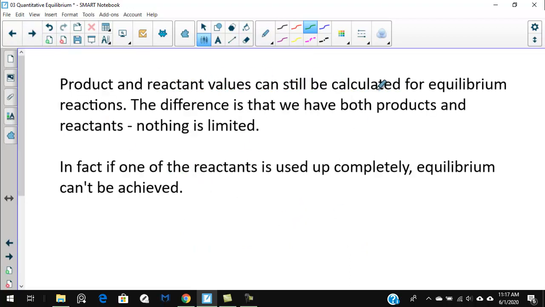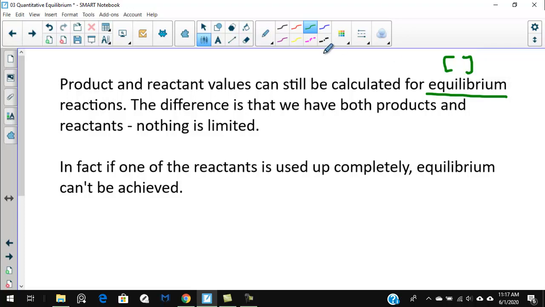Products and reactant values can be calculated at equilibrium. So it's just at equilibrium. That's when we can calculate them. That's when things have become macroscopically stable. So the numbers, in terms of concentration, are not changing at equilibrium.